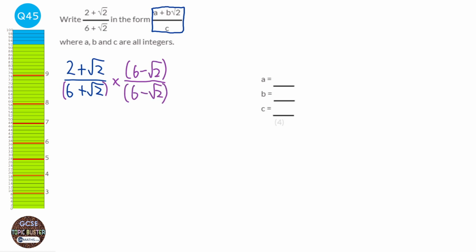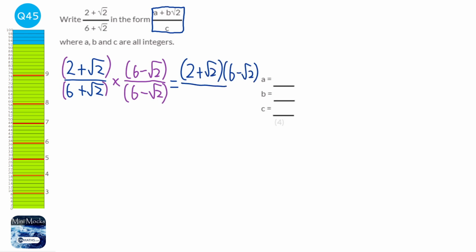Okay? And when we do that, we can imagine that there's going to be brackets at the top as well. We've got 2 plus root 2 and 6 minus root 2 at the top. And then we've got the 6 plus root 2 and the 6 minus root 2.